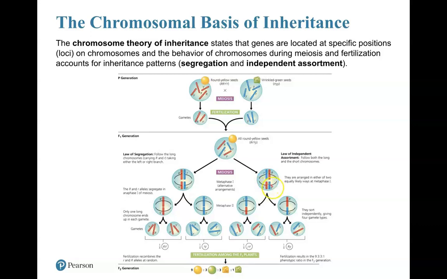They're going to line up however they want. Maybe they'll line up that way, but in this image, it looks like the red chromosome decided to line up on the left side and the blue one on the right side. It doesn't matter how the previous set paired up. That's called the law of independent assortment. That's also going to give us this beautiful genetic diversity that we see in our population.